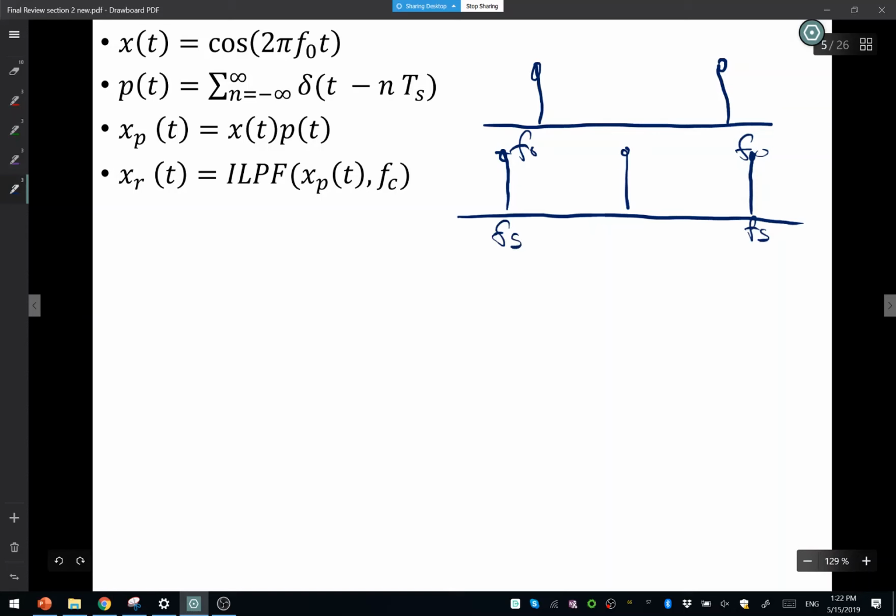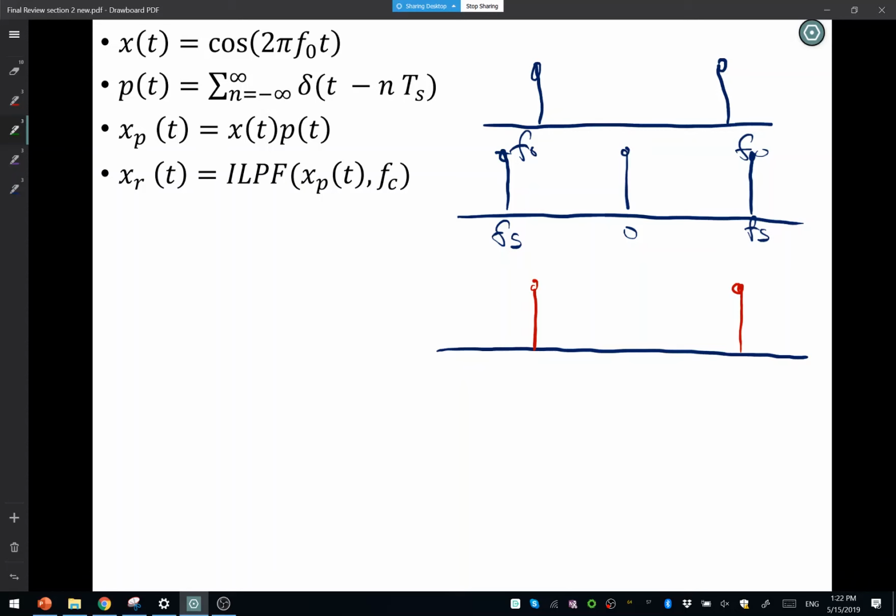And when we copy the pattern at these locations, we're going to have something like this. I'm going to use a different color for each period. So for the center period, we have this. For the one on the right, we have this. This is far away like this. And for the one on the left, we have this.